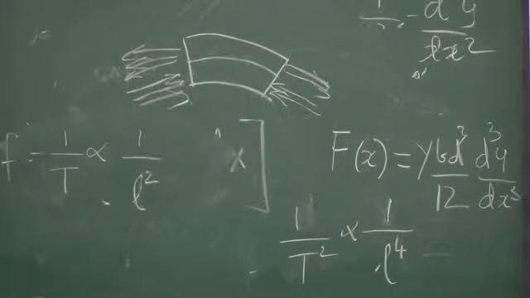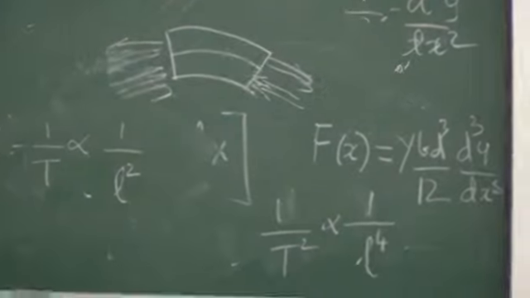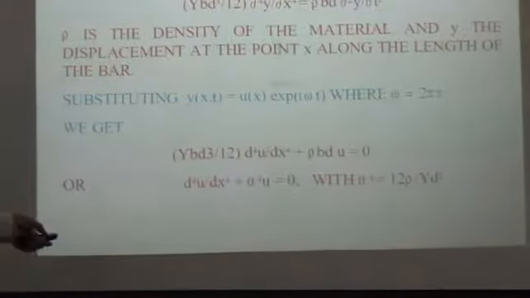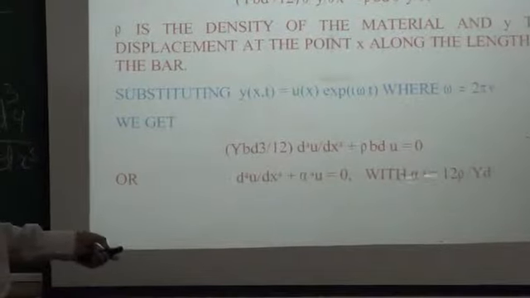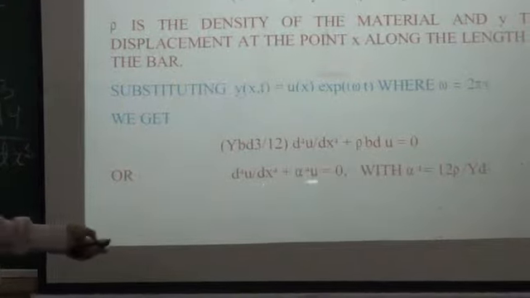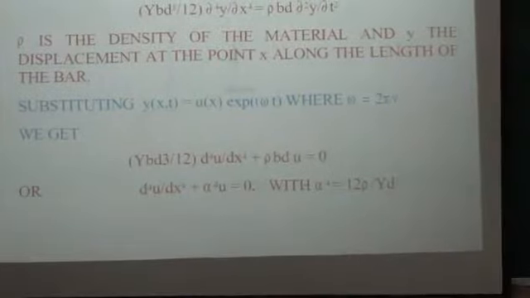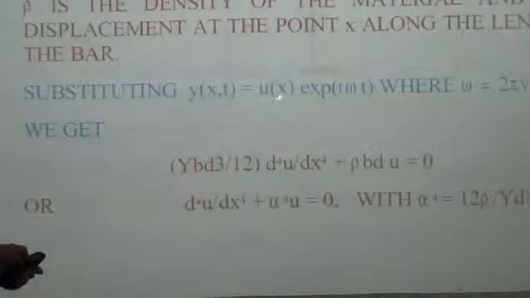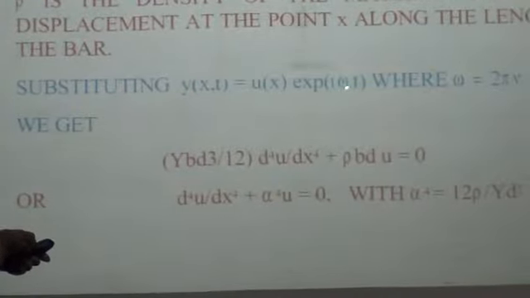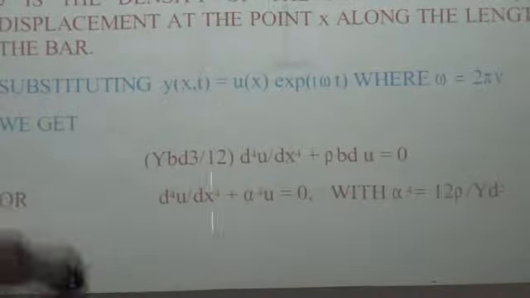Second thing is, now I must solve this equation, and I can solve it by making a substitution. Alpha power 4 is 12 rho by Y t square. The equation reduces to this form. You write the space part of the displacement, there is a time part which varies with the frequency.